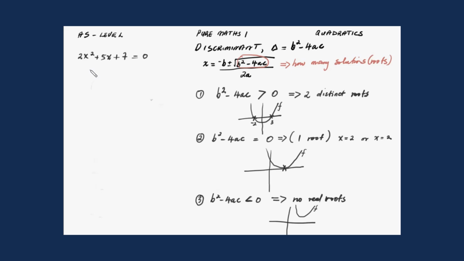We must find the value of a, which is 2, the value of b, which is 5. The discriminant is b squared minus 4ac, so we substitute: 5 squared minus 4 times 2 times 7.